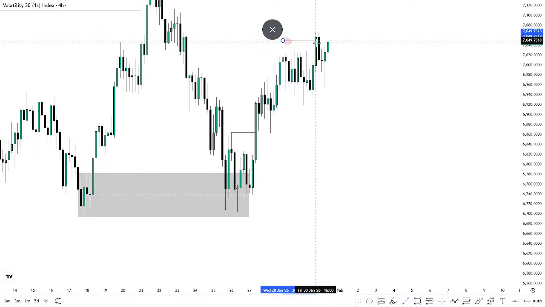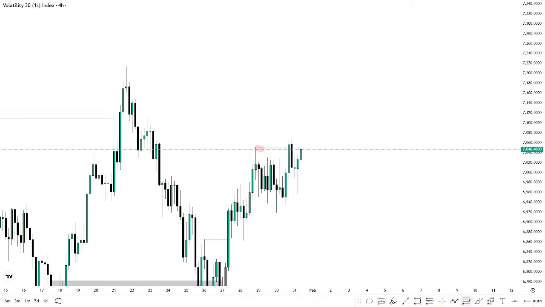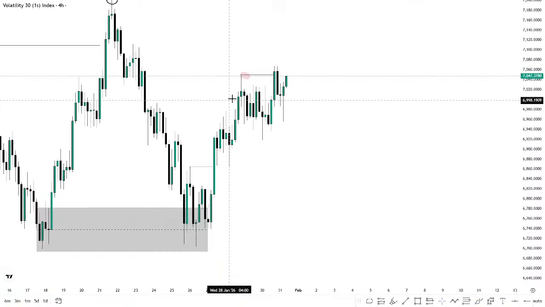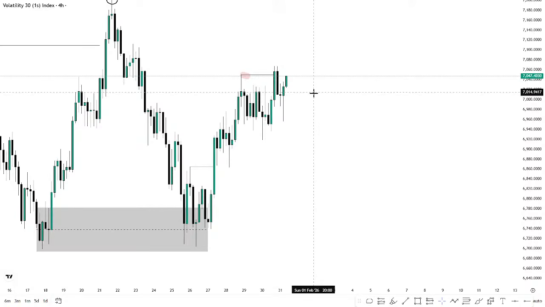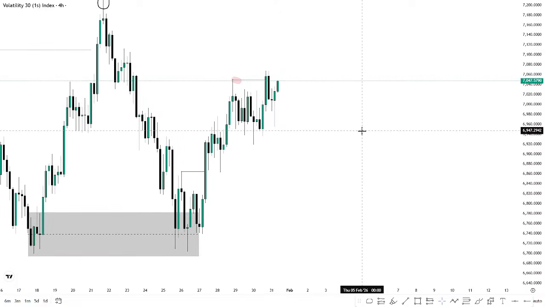Look at it. Remember, our target is this high. We are targeting market to come back to this high. That is our external. So this is our last break of structure on this 4 hours time frame.